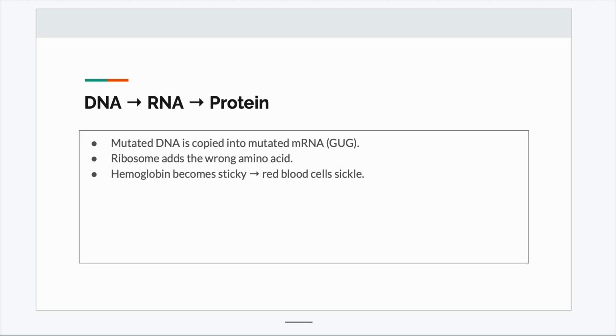That one amino acid change makes hemoglobin molecules stick together under low oxygen. When they clump up, the red blood cell changes shape. These sickled cells can't carry oxygen well. They break apart easily and they get stuck in blood vessels. This is why the symptoms can be so severe.